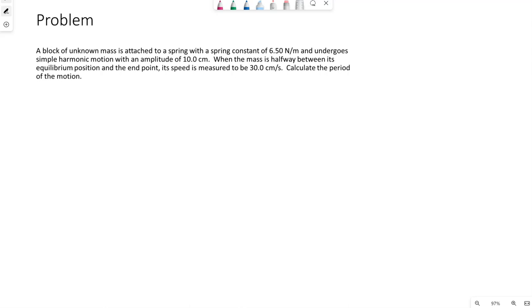All right, so spring constant, lowercase k, 6.5 newtons per meter, amplitude A, 10 centimeters.